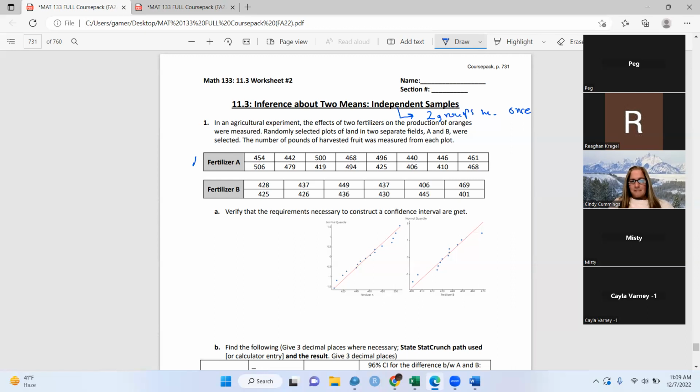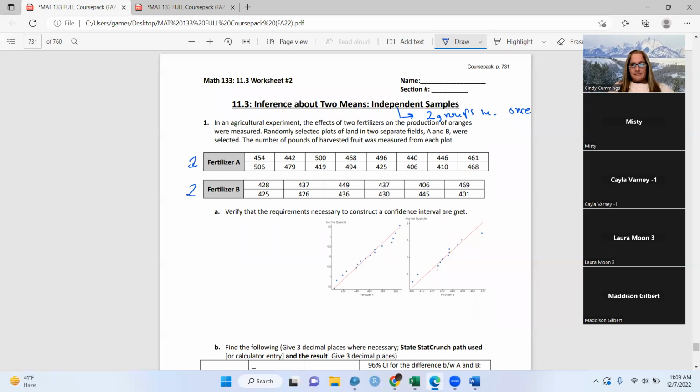Here's field 1. Here's field 2. Remember, we looked at this on Monday. This is not a dependent sampling. We can tell just by the way the data has been handed to us. We didn't line up each of the data values and then ask you to subtract all the data values to get a difference row.